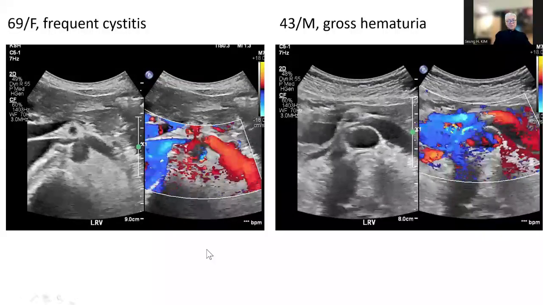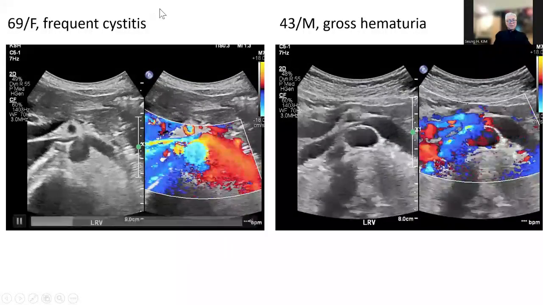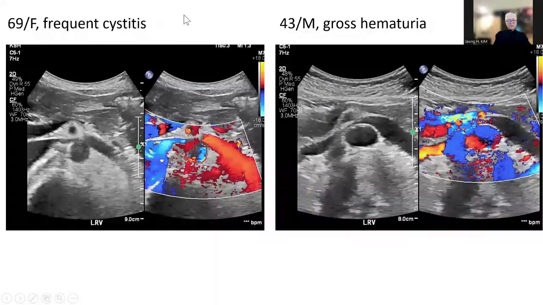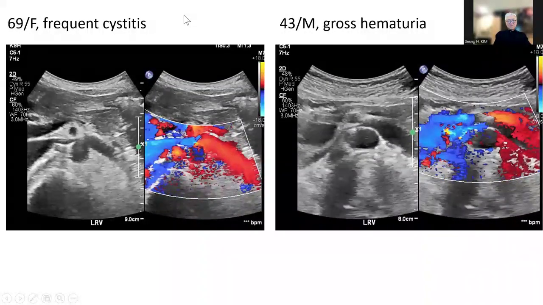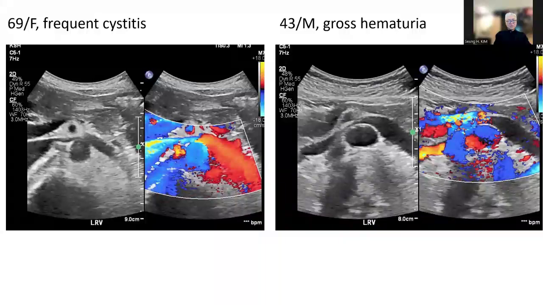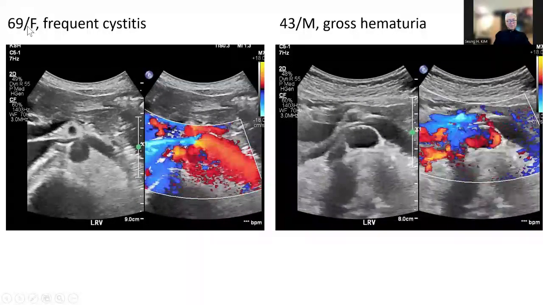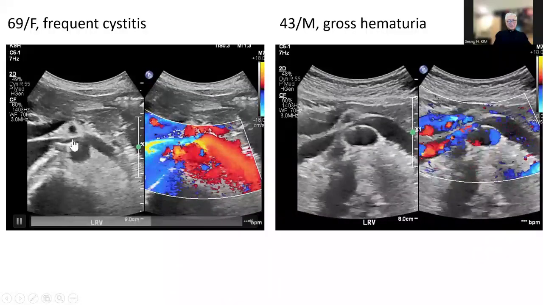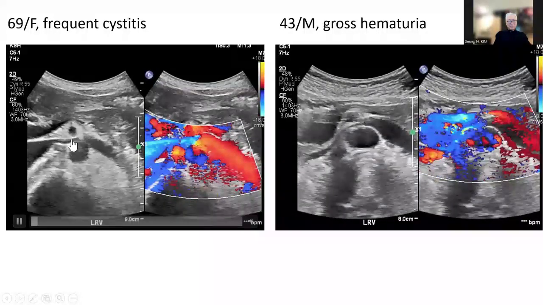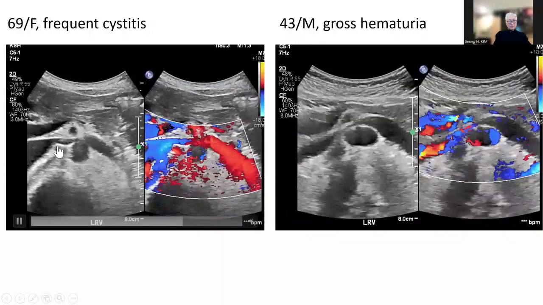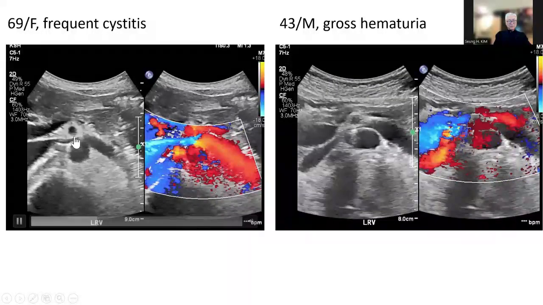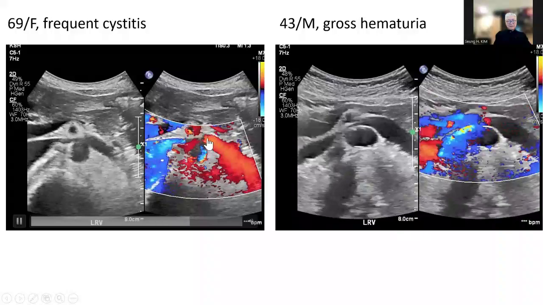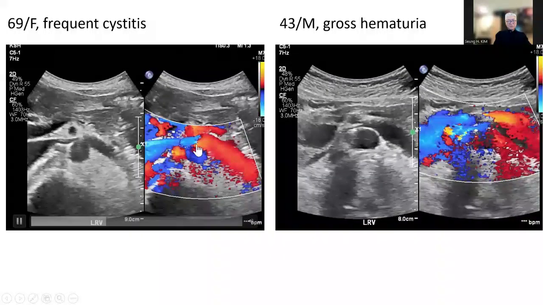I will talk a little bit more about other things we can get from the color Doppler ultrasound images. This is a woman with frequency cystitis who had a nutcracker, probably type 1 plus type 2, with compression here and fast flow signals here.